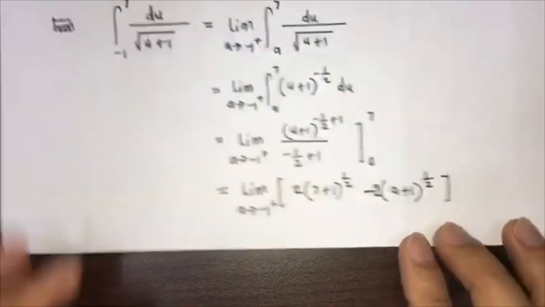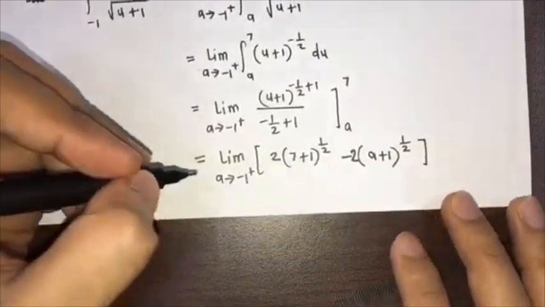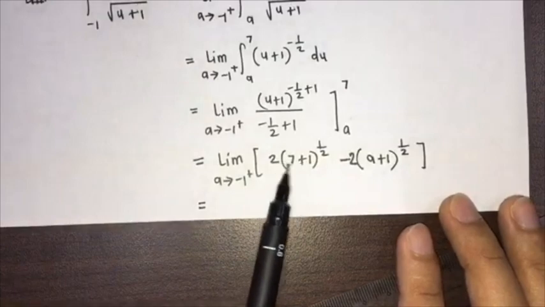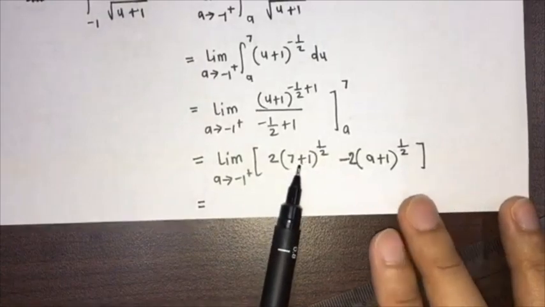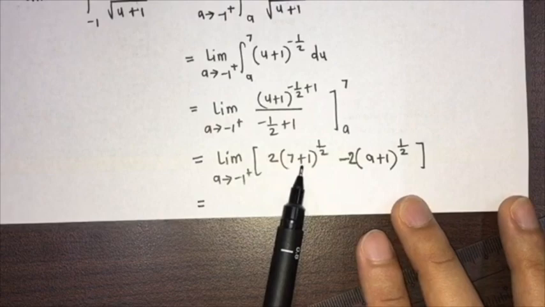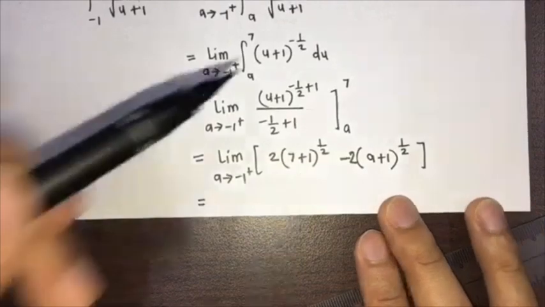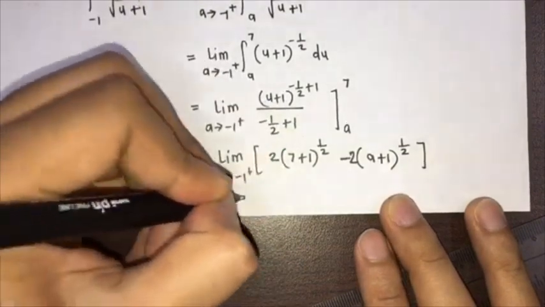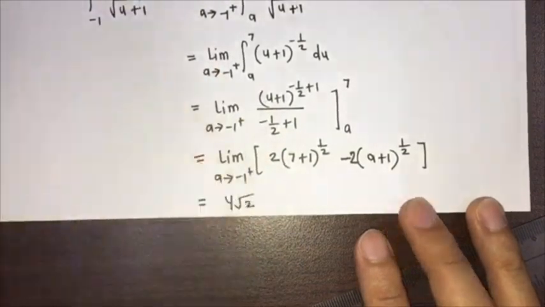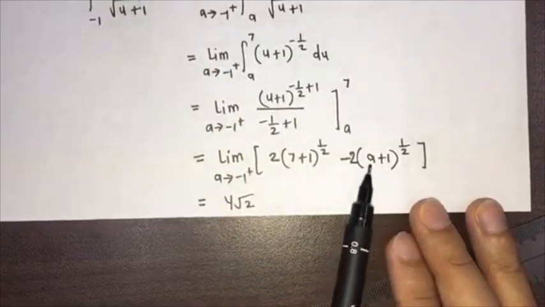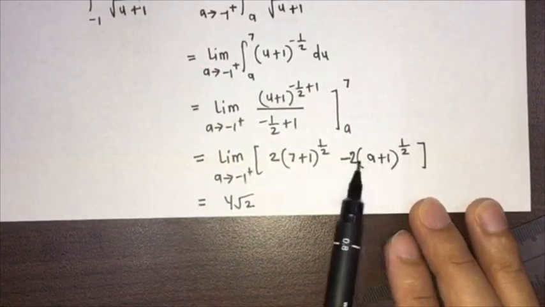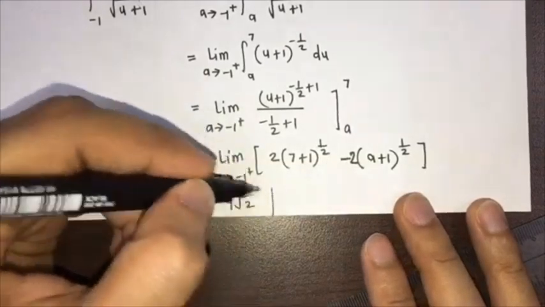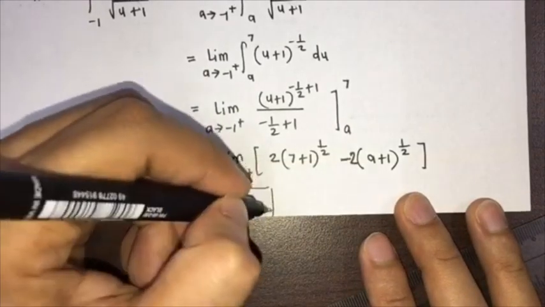So this will become 2 square root of 8. Square root of 8 is equal to 2 square root of 2, so 2 square root of 2 times 2 gives 4 square root of 2, minus, as a approaches negative 1, this value approaches 0, so minus 0. So this is our answer.